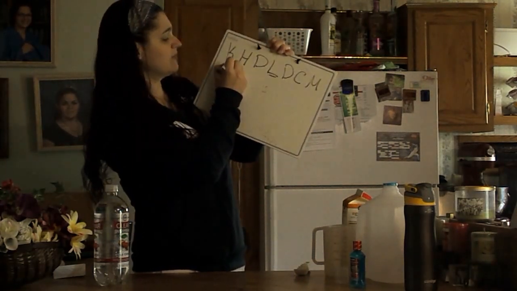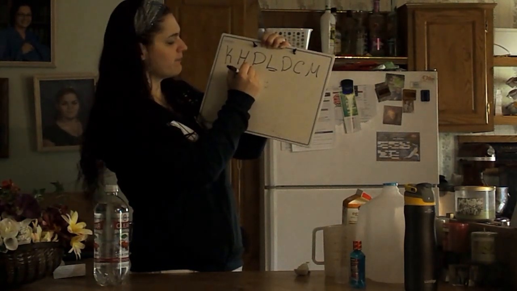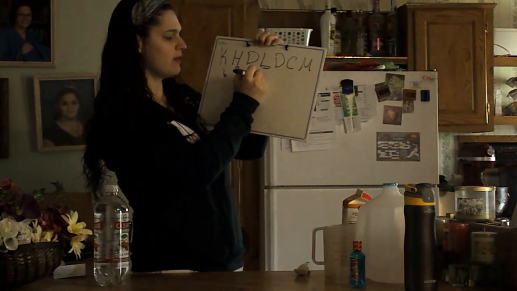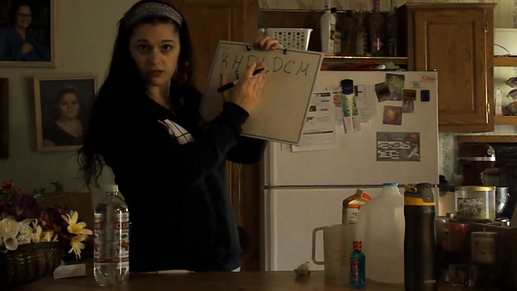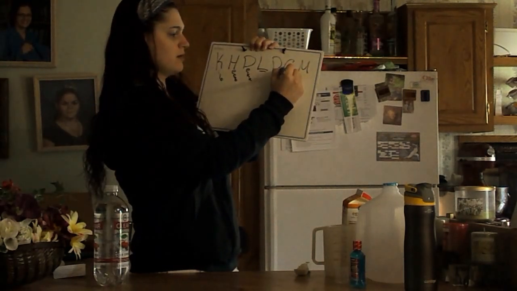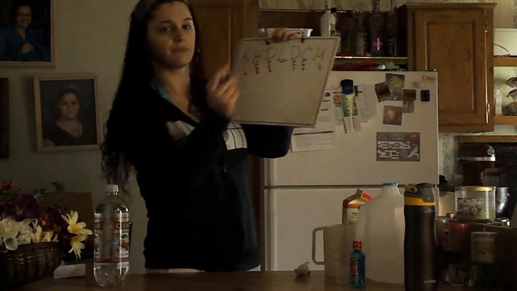So the K stands for kilo, and then the H is hecto, and then we have decaliters, then we have just our unit, our liters, and then comes deciliters, centiliters, and milliliters.